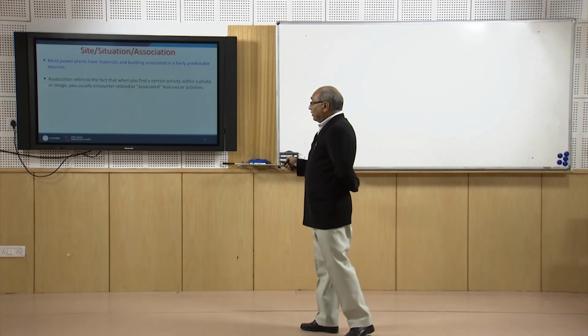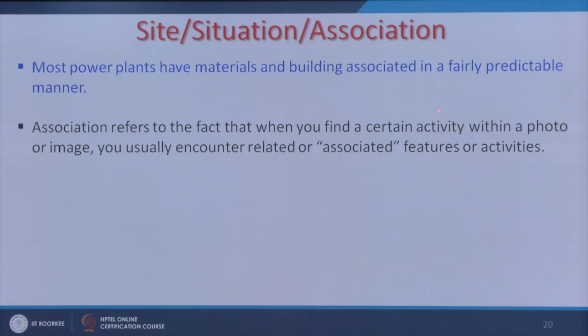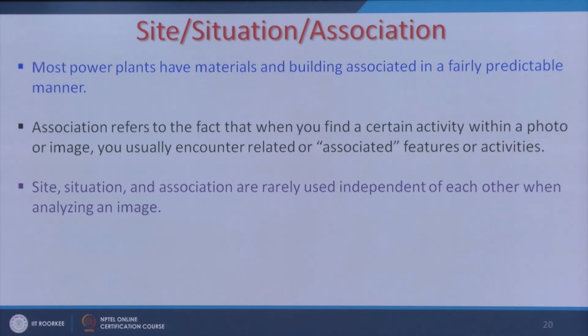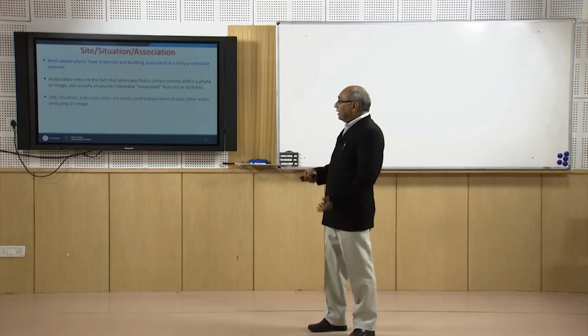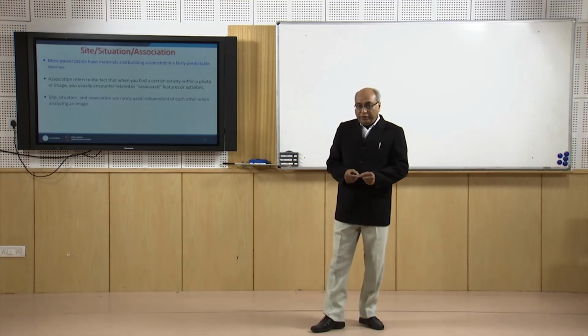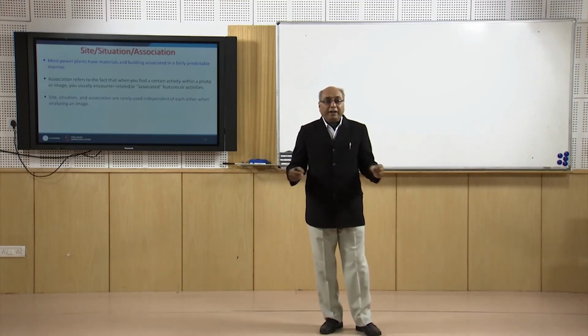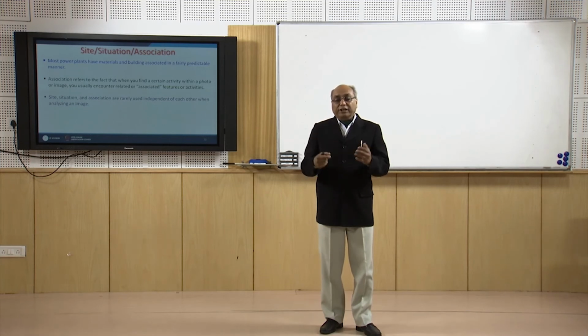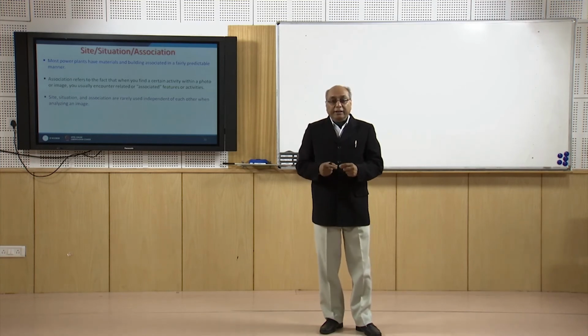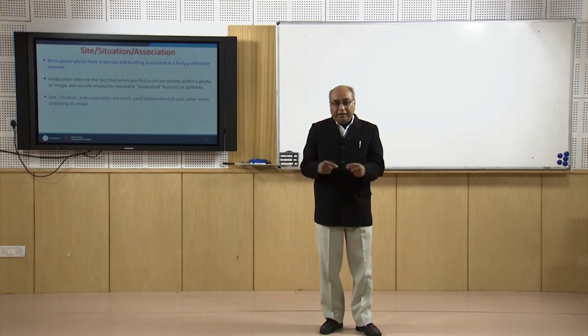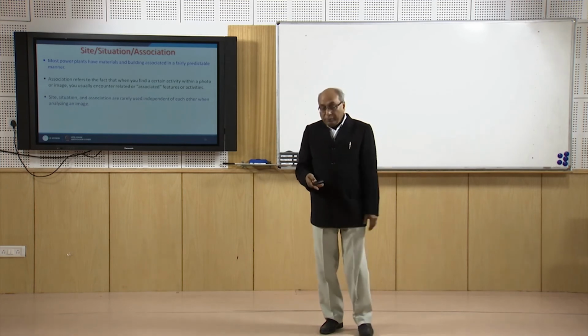Association refers to the fact that when you find a certain activity within a photo or an image, you usually encounter related or associated features or activities. Site, situation and association are rarely used independently of each other when analyzing an image. There can be a railway station. If it is a railway station, you will find a track, you might find a platform, a shadow, and there might be more lines within a few kilometers of the railway station, and then fewer.